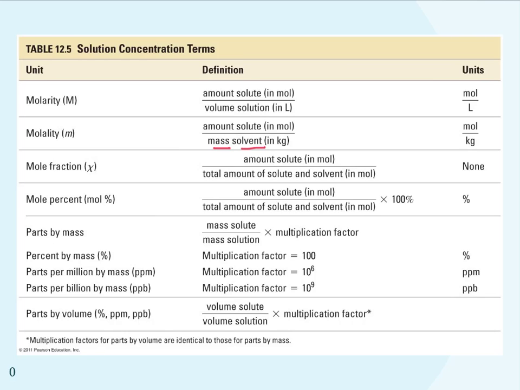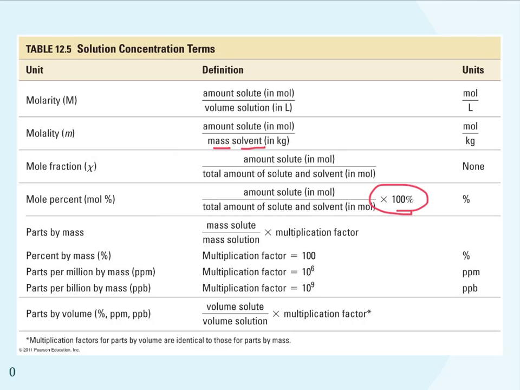Mole fraction we looked at a little bit when we talked about some partial pressures: moles of the solute over the total moles, so moles of part A over the moles of A plus B, for example. Mole percent is basically mole fraction times 100. We don't use this one too often, but we do see it occasionally.